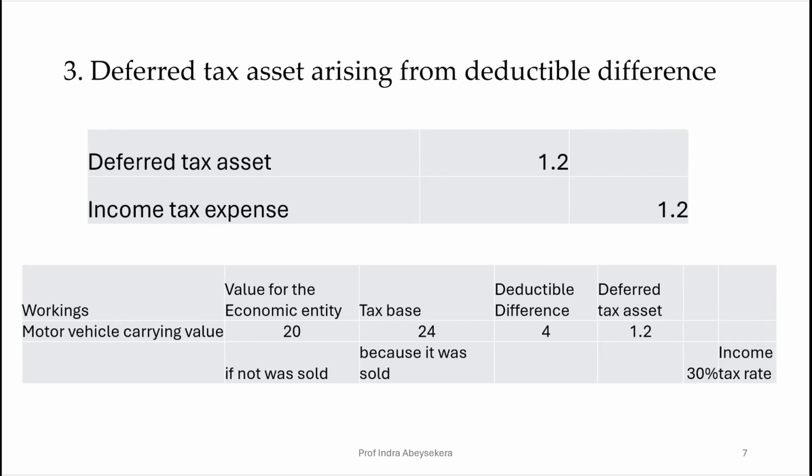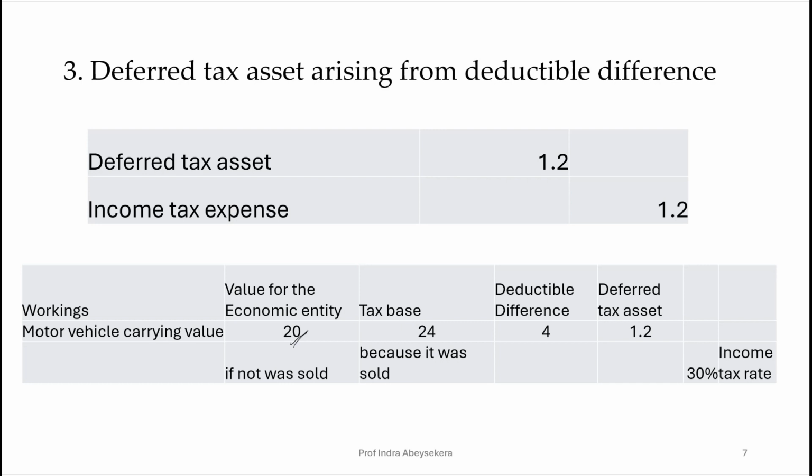Our third journal entry is because the value of the asset for the economic entity is $20,000. That's for the parent. Parent recorded it as $20,000 because the parent sold it for $24,000.